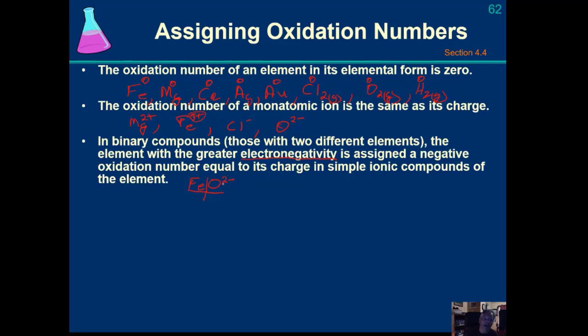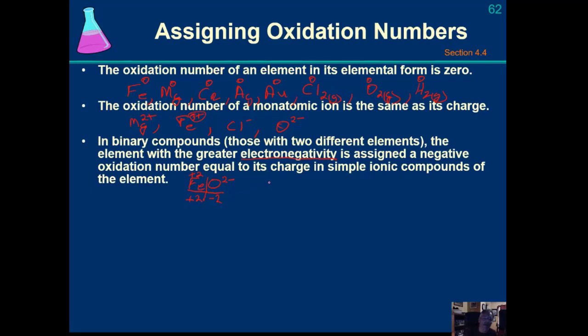Now, in this compound there is only one oxygen, and so that's going to be a total -2 charge over here, which tells us that we've got a +2 charge here. I probably did this in chapter 2 when we were naming compounds, so that tells you that this is going to be a +2 oxidation state for iron. So this is iron(II) oxide.